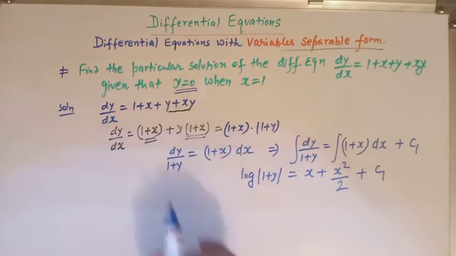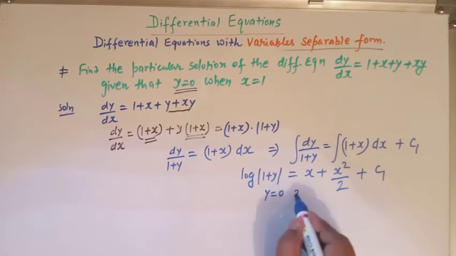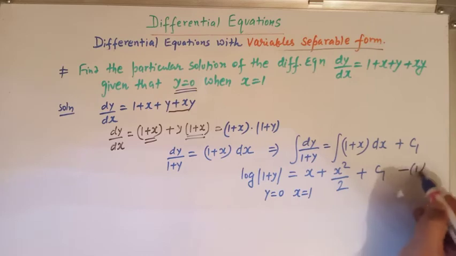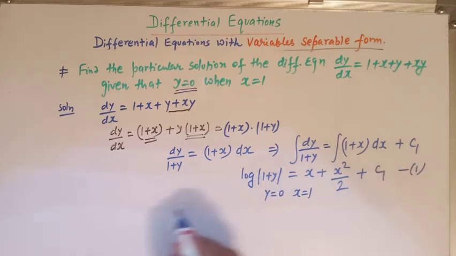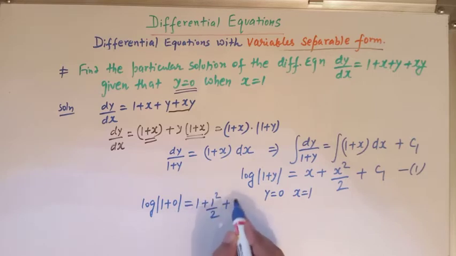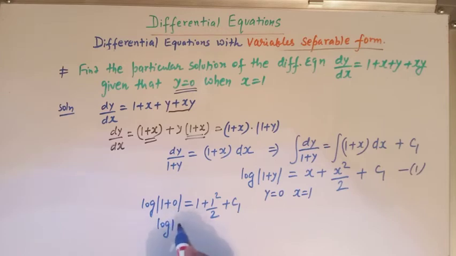Now we are given that y is equal to 0 when x is 1, so we substitute here in equation 1. So we get log of 1 plus 0, and here we have x is 1, so 1 square over 2 plus 1 plus c1, which is 3 by 2 plus c1.